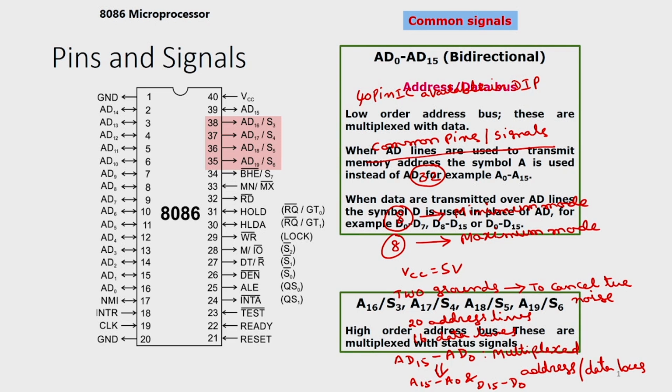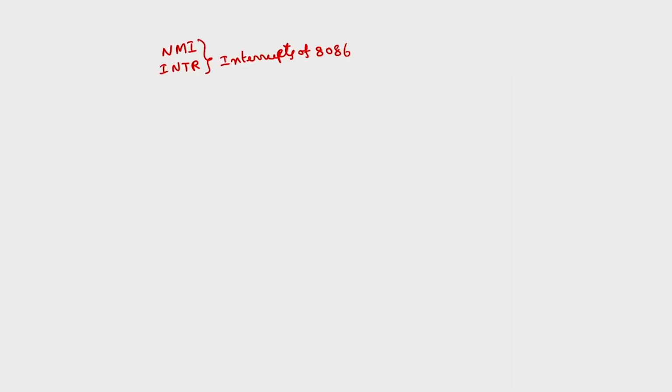And ground and VCC we have already discussed. AD16 to AD19 are part of the address data bus. Coming to the status signals, we have S3, S4, S5, S6. What is the function of S3 to S6? The status signals S3 to S6 are multiplexed with the address lines.